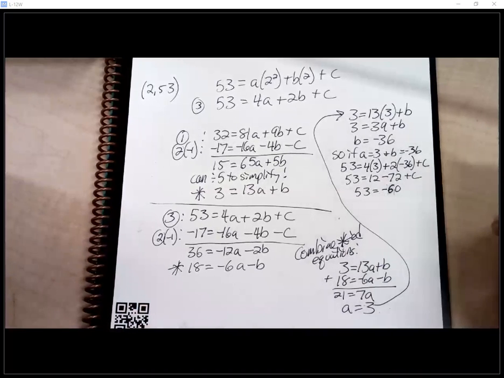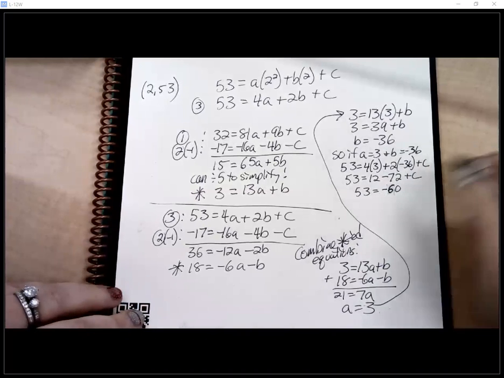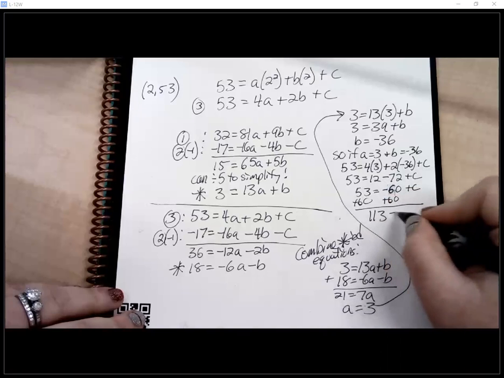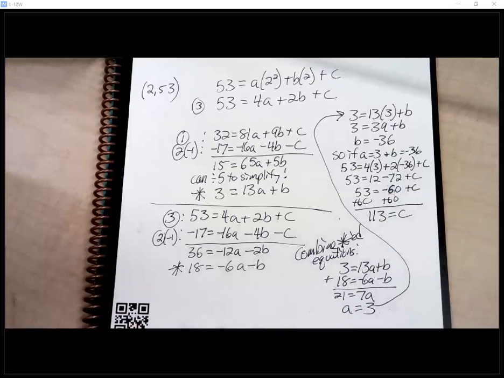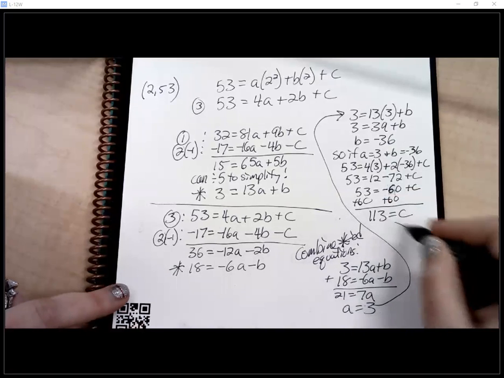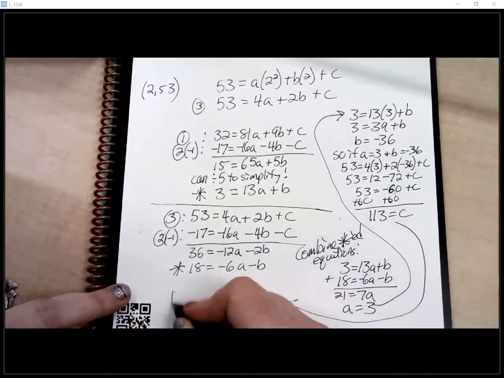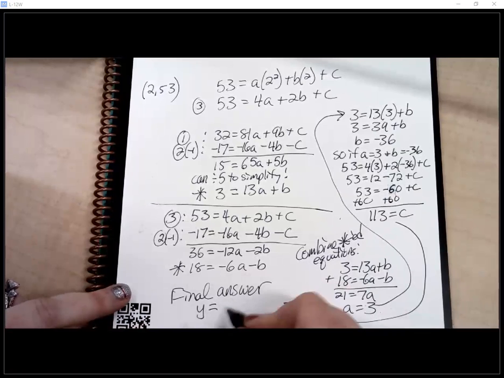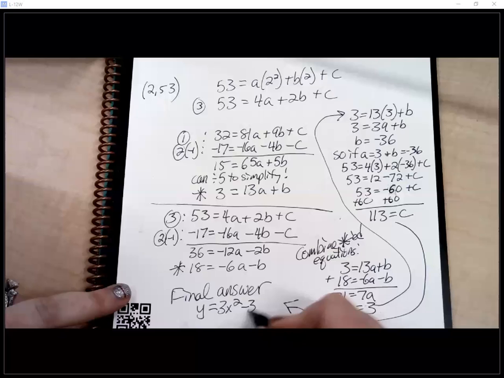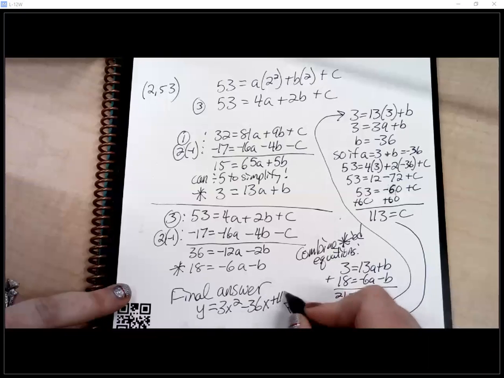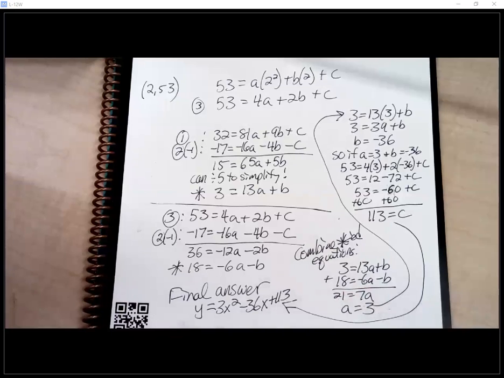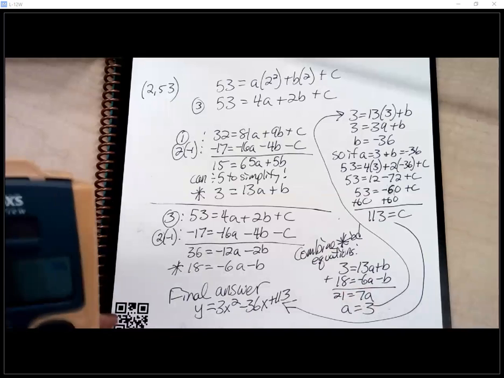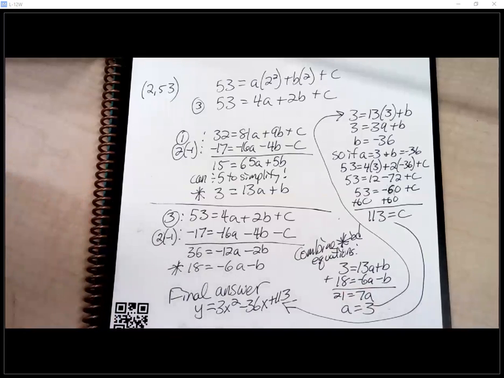Minus 72 would be negative. I got it. Hey, that's what I thought.